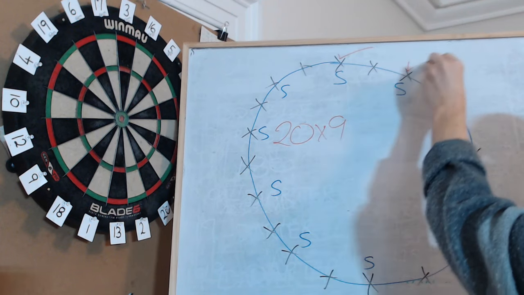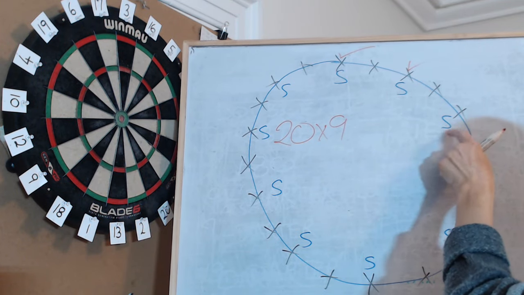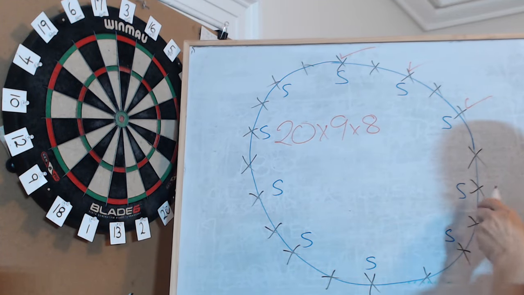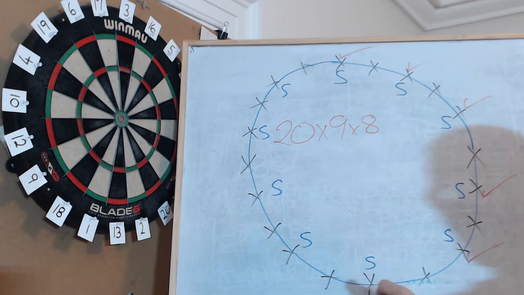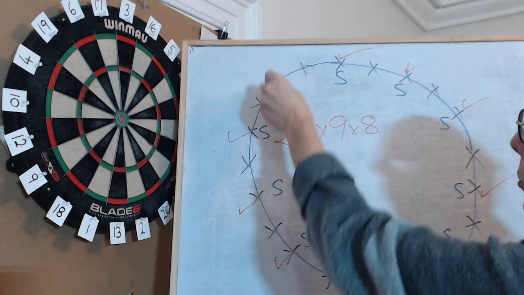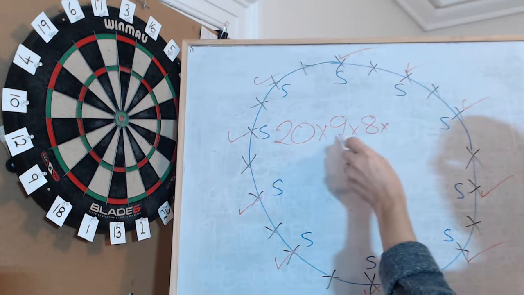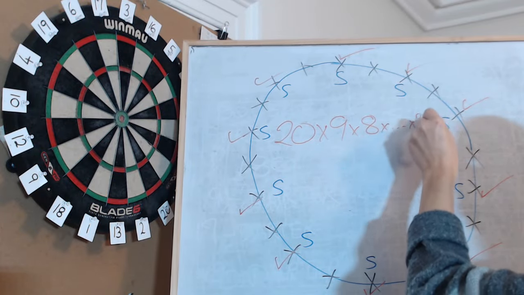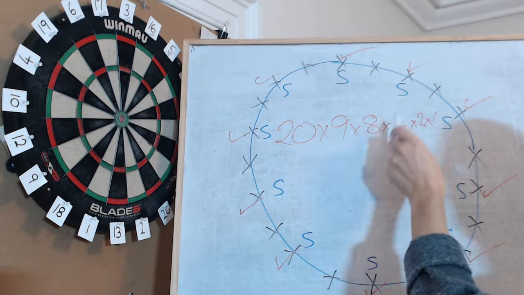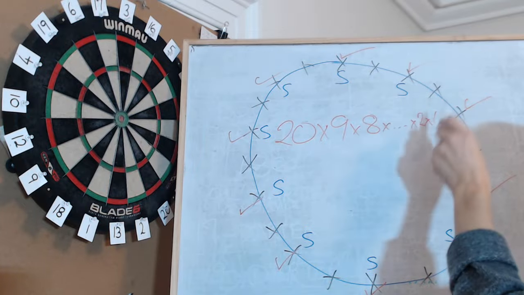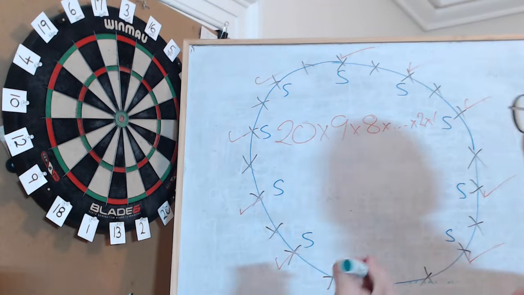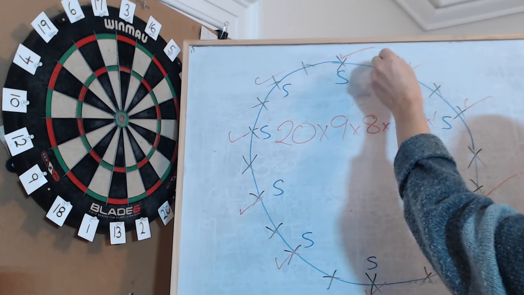And once I've put one there, there's only 8 left, 8 small numbers to go there. And so on. 7 ways of doing that one, 6 ways of doing that one, 5, 4, 3, 2, 1. So we just multiply all the way down to 1. So 20 times 9 times 8 times 7 times 6 times 5 times 4 times 3 times 2 times 1. And then we have 10 large numbers. There's 10 different ones that can go there.